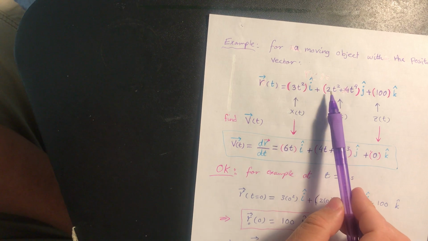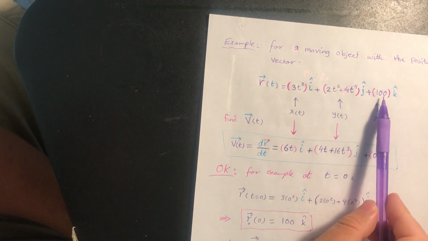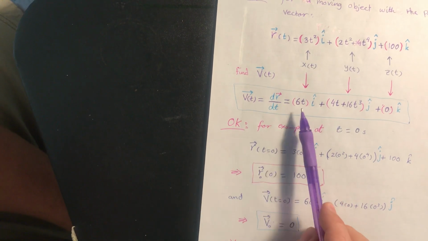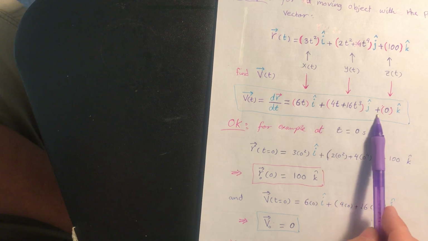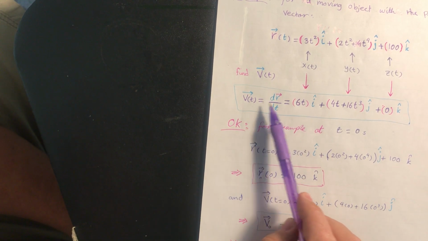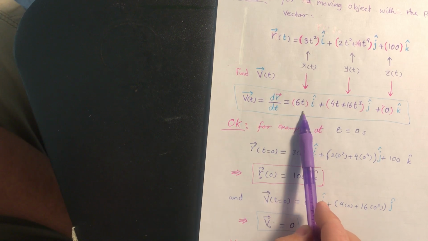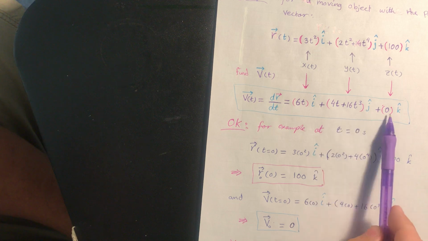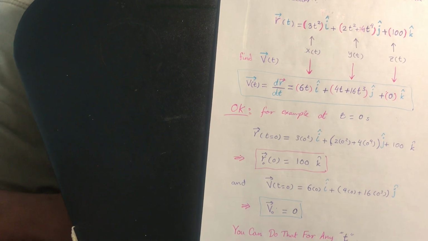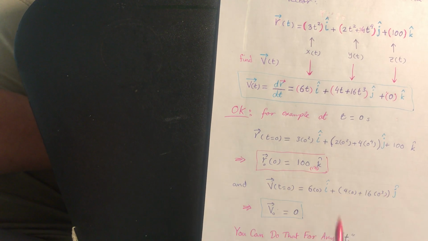So if we need to know the dimensions of 2 or 4 or 100 or 3, we can do it. Also, for the velocity, each term has a dimension of length over time, because it is velocity. So the unit here is meters per second. Now the position is 100 meters in k hat.